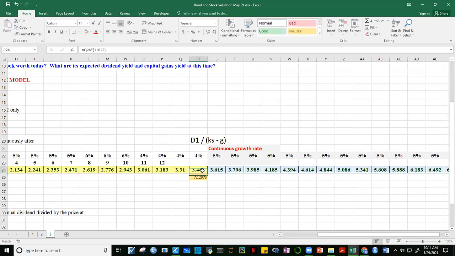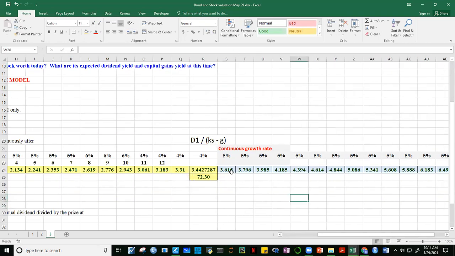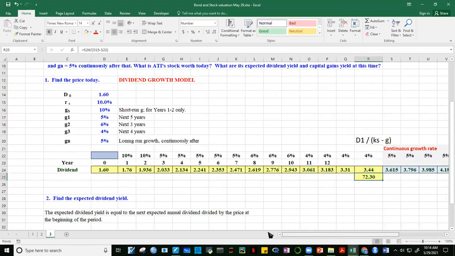Okay, so what happened here? We replaced all of this up to infinity with one value. We replace it with 172.3. So now we are reduced to these cash flows.